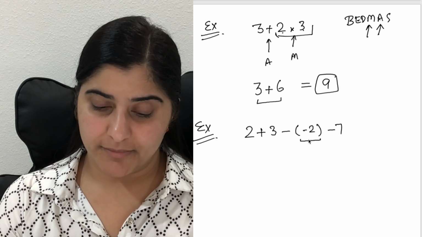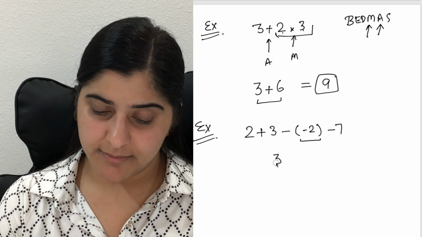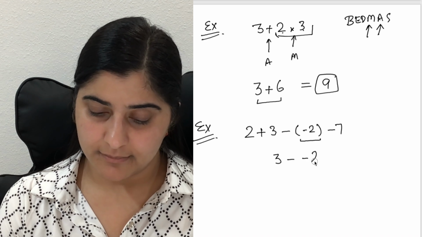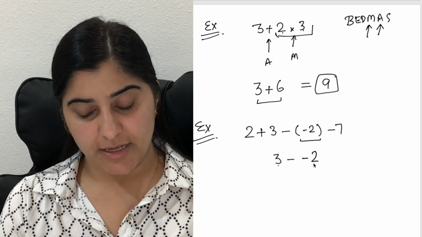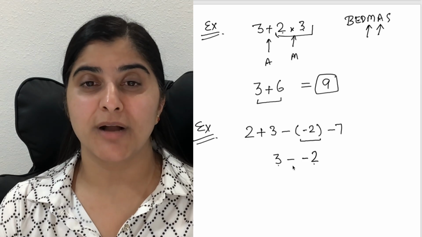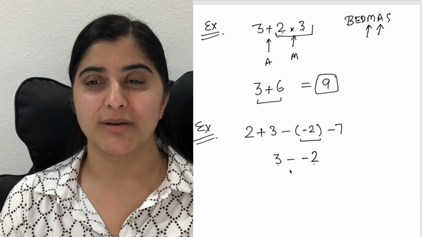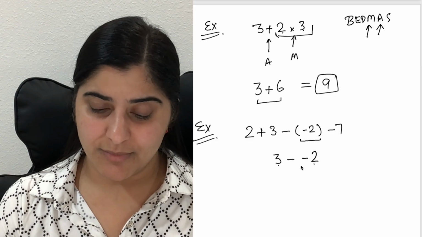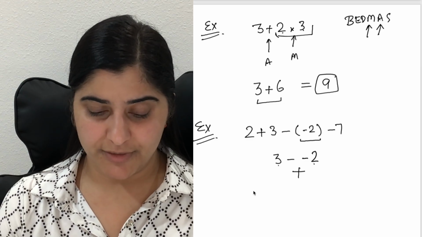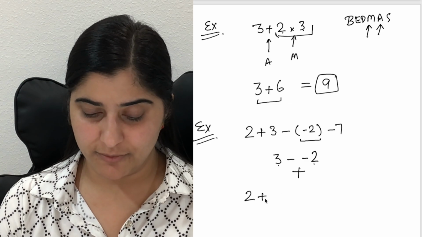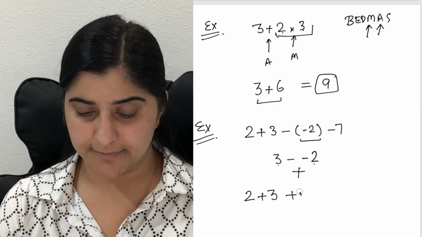If you open the bracket, there are two signs in between 3 and 2. We cannot have two minuses or two pluses, any combination of plus or minus. Two minuses will give you plus, so you change the two minus signs to one sign, that is plus.